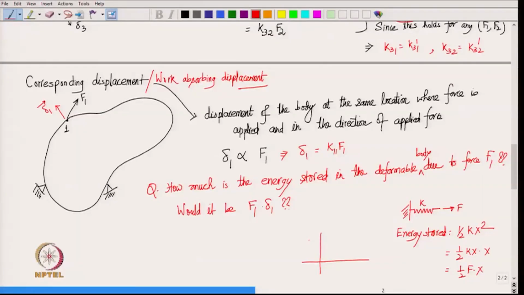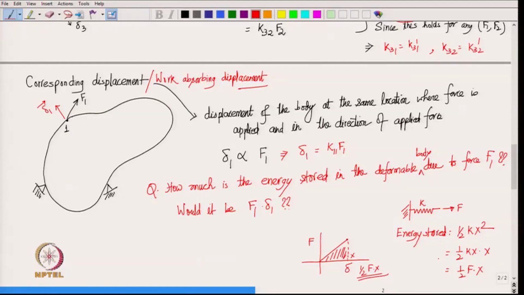So, the force applied is actually varying from 0 to F, and you plot the force versus delta curve, then it is going to vary from 0 to the final force F, correct, when the displacement becomes x. So, the displacement varies from 0 to x and force goes from 0 to F, and in that step what is the work done? That is nothing but the area under the curve, right. So, that is the area of this triangle, which is half into force into x. Okay. So, that is the reason for half.